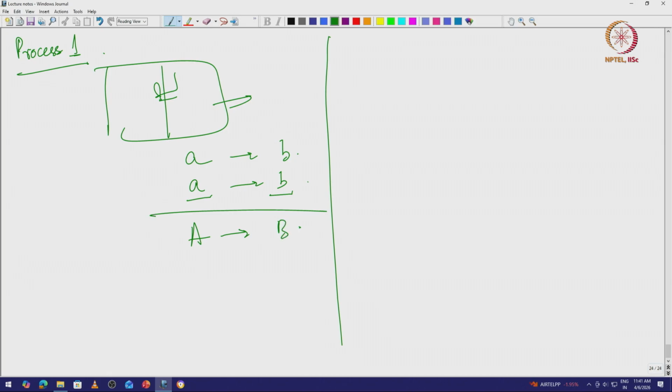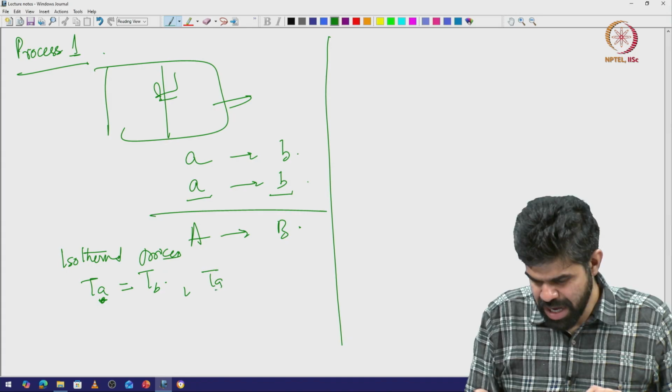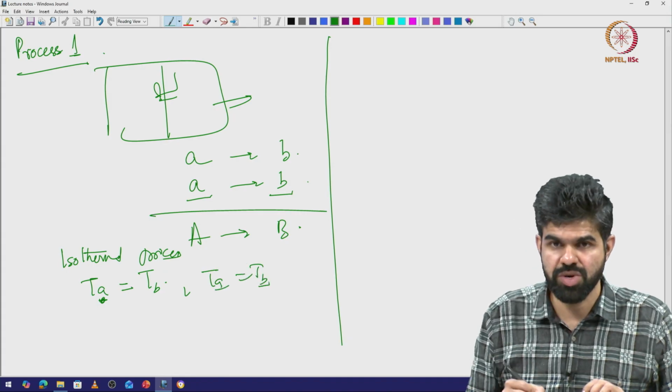Of course, I said this is an isothermal process. So, T A is equal to T B, so T A is not changing. Similarly, T A bar equal to T B bar, that is also not changing.